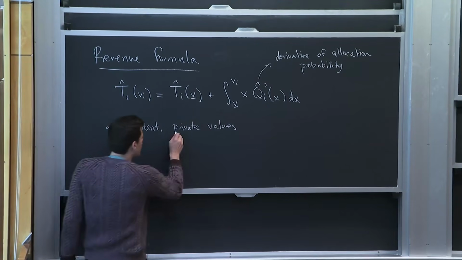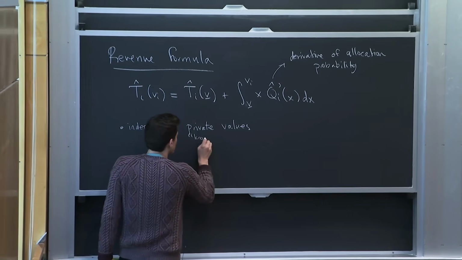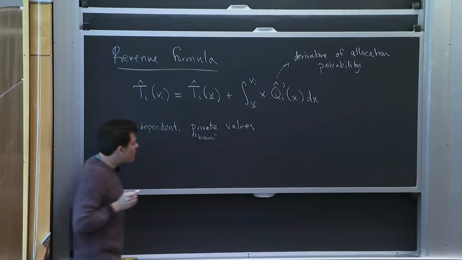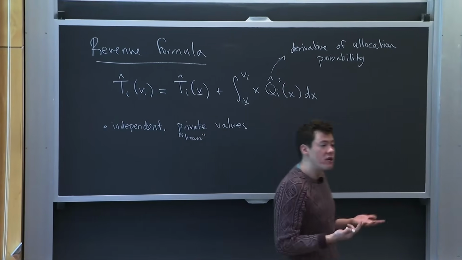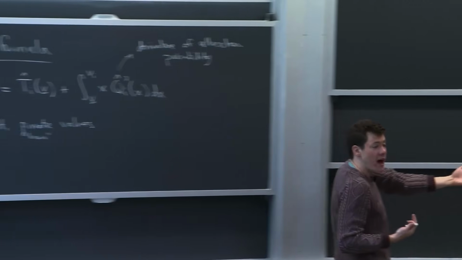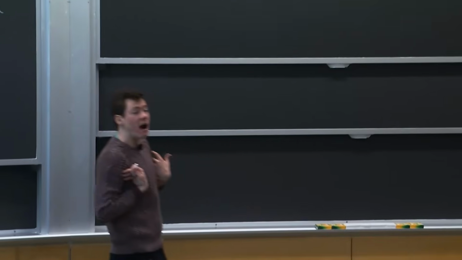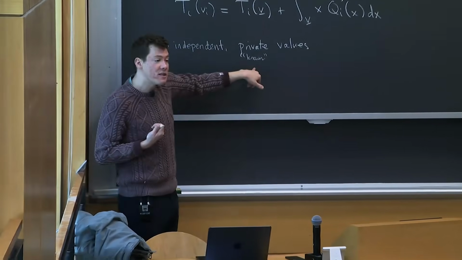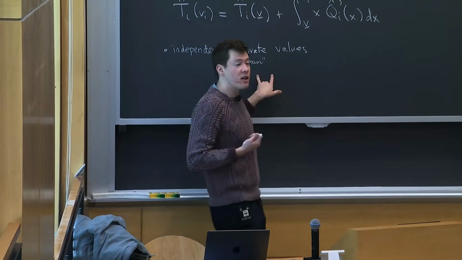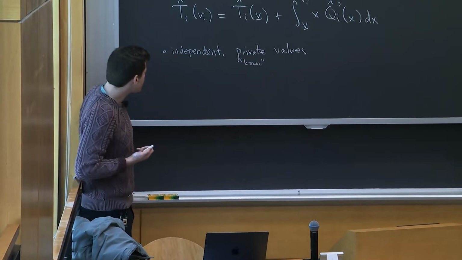I think maybe known values is maybe a more descriptive term. It means that each bidder knows exactly how much they value the good. Information that another bidder has is not relevant to my valuation of the item. And I still think that's a bit abstract, so I'm going to go over an example where this fails in a second, and I think that should clarify the role of this assumption.